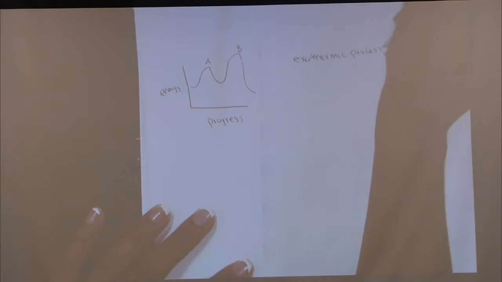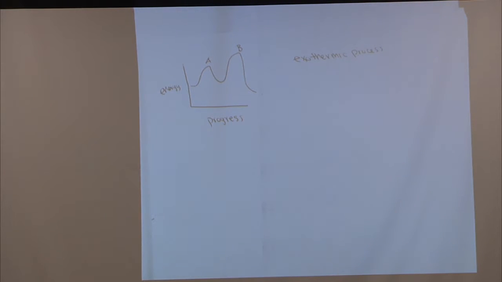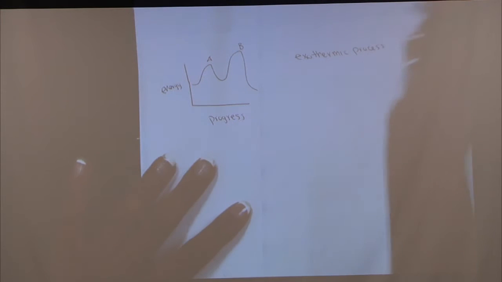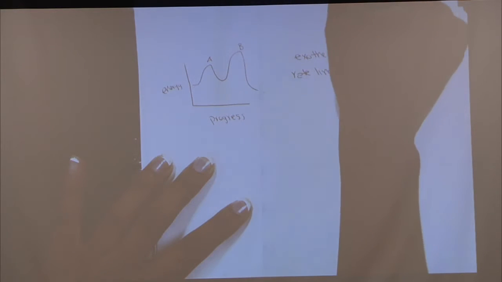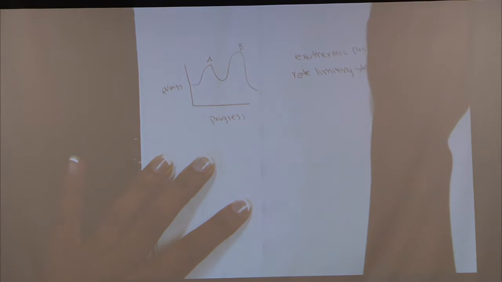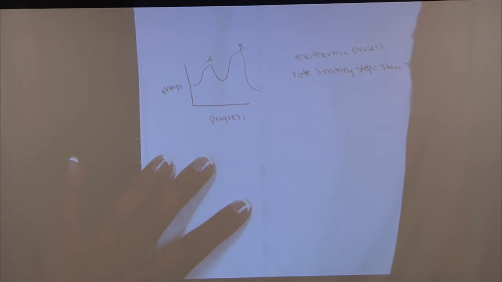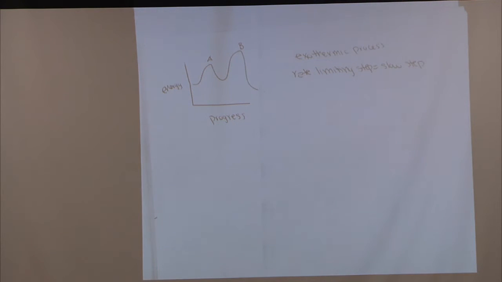In the second question, it was asking which step would be the rate limiting step. So what do we know about rate limiting steps? The rate limiting step is the slow step, correct. So rate limiting step equals slow step. What do we know about activation energies and the speed of a reaction?